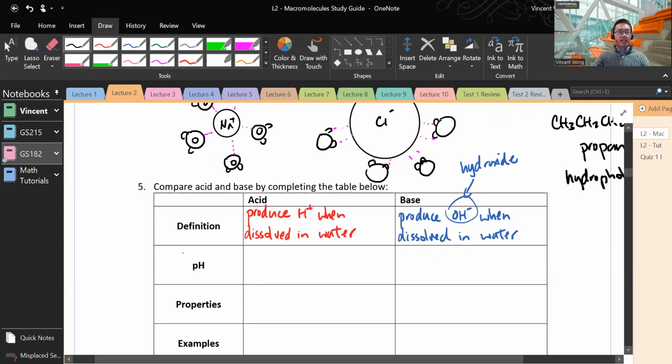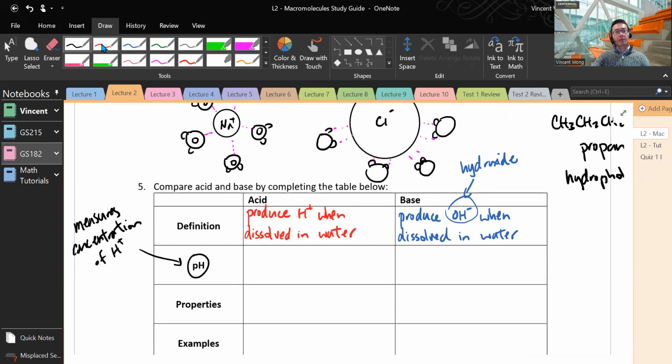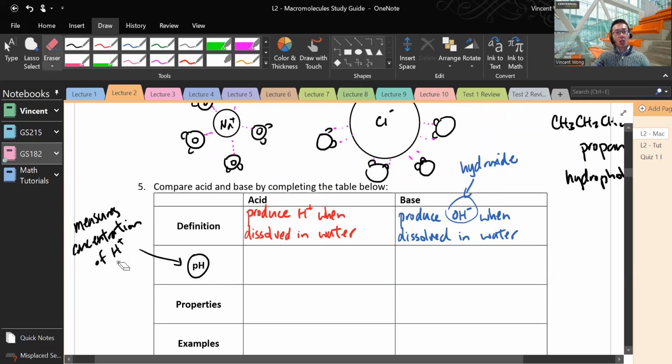Now, pH is a scale that measures the concentration of H plus. If you have a lot of H plus, then it will have a low pH. And so for acid, the pH is less than 7, with a high concentration of H plus.